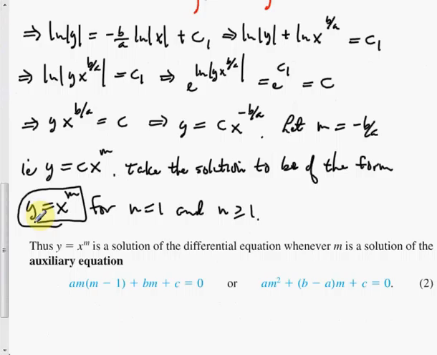So we had c sub 1 times e to the m sub 1 x plus c sub 2 times e to the m sub 2 x. But here, the solutions are of this form, x to the m.